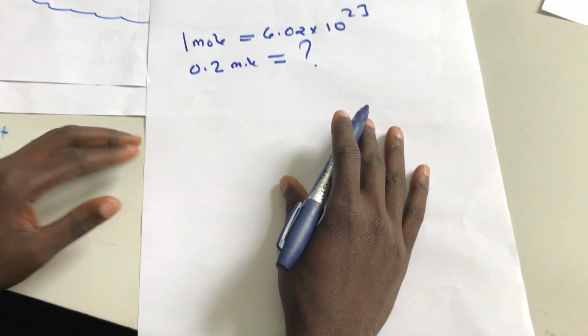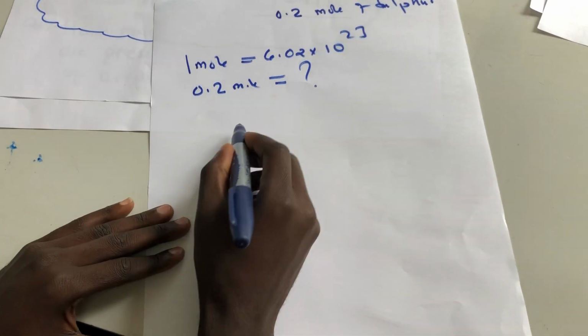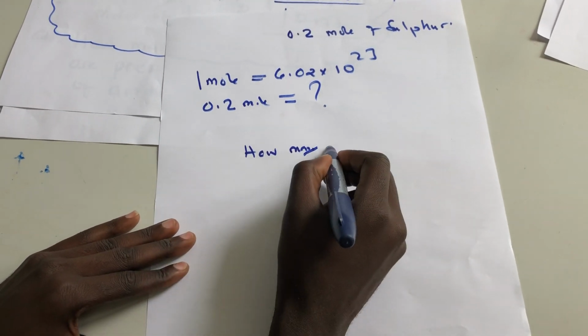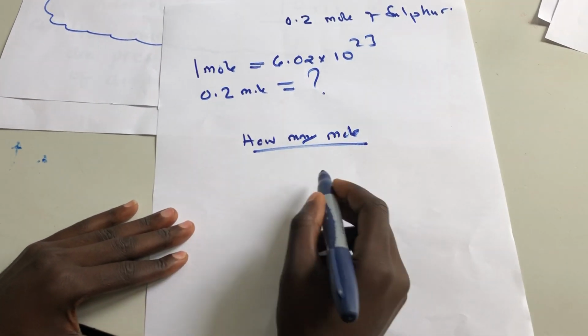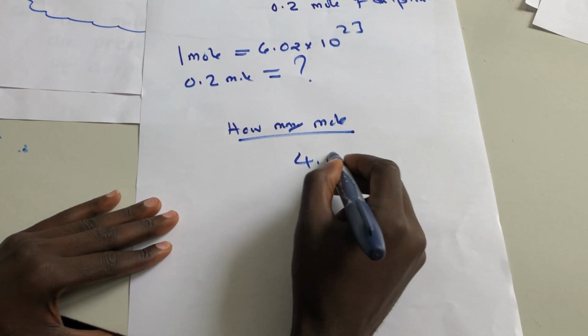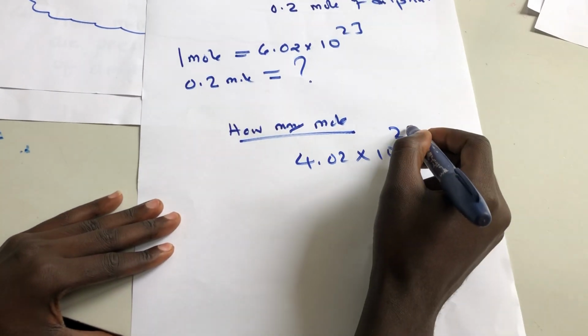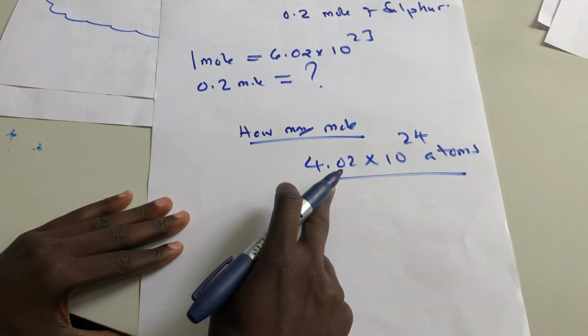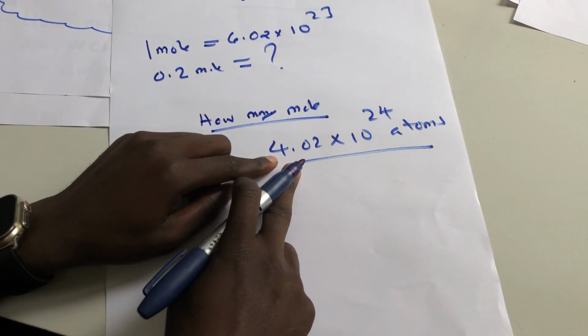But sometimes utaambiwa how many moles, let's say how many moles present in 4.02 times 10^24 atoms. Unapewa swali kama hili uweze kutafuta how many moles.